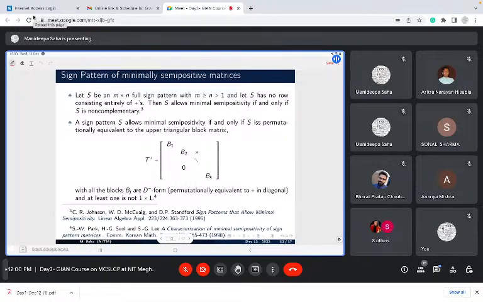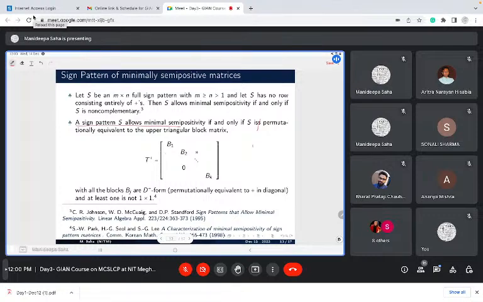Suppose I allow any sign pattern, not necessarily full. Then that sign pattern S allows minimal semi-positivity if and only if S is permutationally equivalent to a block upper triangular matrix. That means I can do row permutations and column permutations, not necessarily the same.